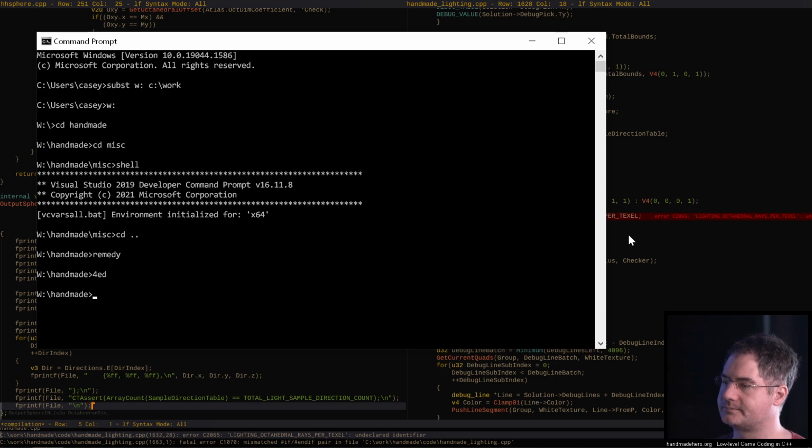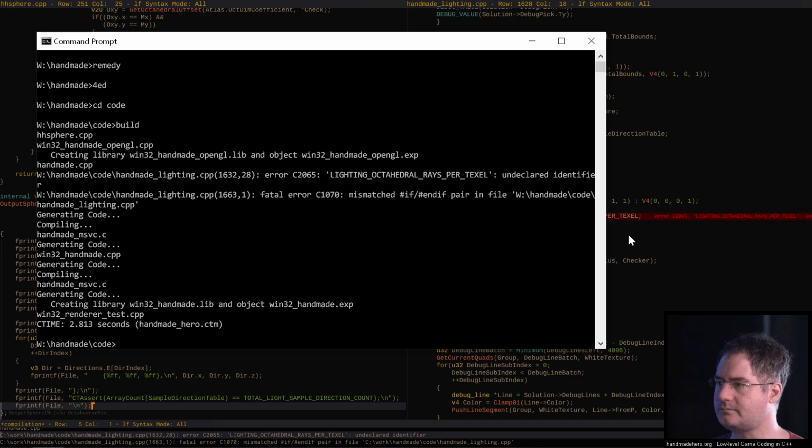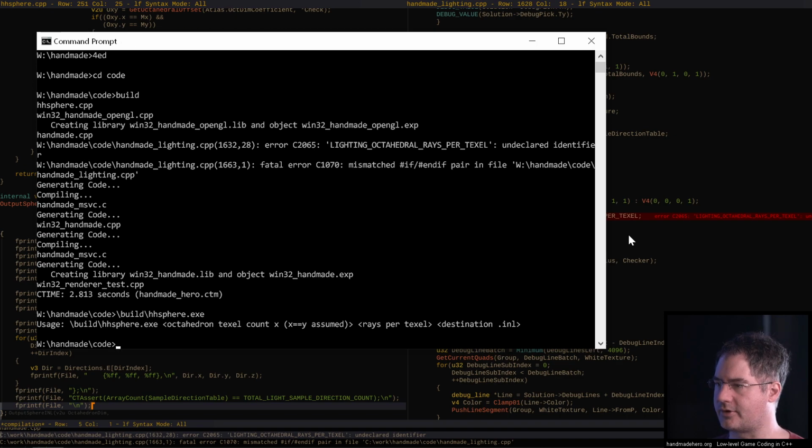what can you do? So, if we've built it, we can now run the HH sphere program, and we can say that it's like 8, and that the rays per texel is 16, which I think is roughly what we were targeting.